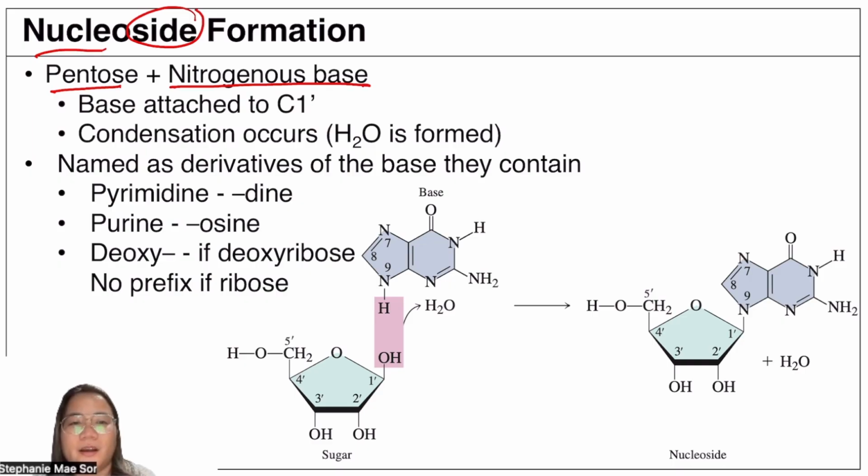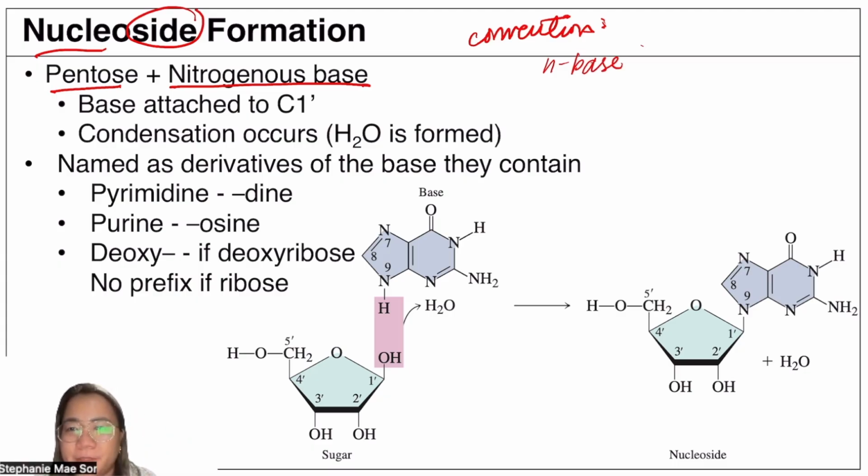So, convention lang before we go into it, di ba? When numbering your carbons or your atoms on your bases, you use 1, 2, 3, 4, 5, 6, whatever, kung ilang atoms yung meron dyan, okay? 1, 2, 3, 4, 5, 6, 7, 8, 9. Yun yung numbering dito sa nitrogenous base.